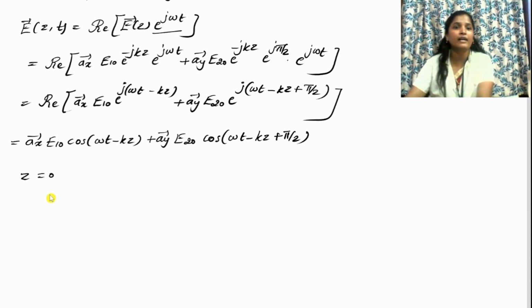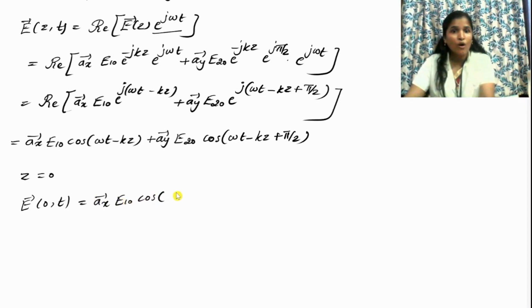Our equation then becomes E vector of 0 comma t equal to a_x vector E1 naught cos of, if z is 0, the remaining one is omega t alone, then a_y vector E2 naught cos of omega t plus pi by 2.